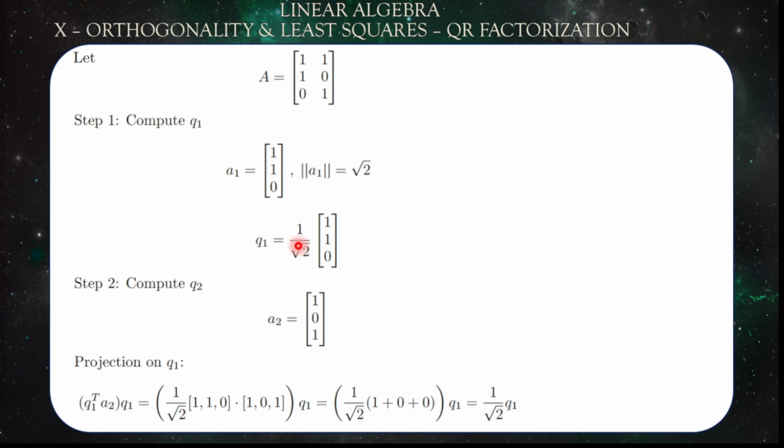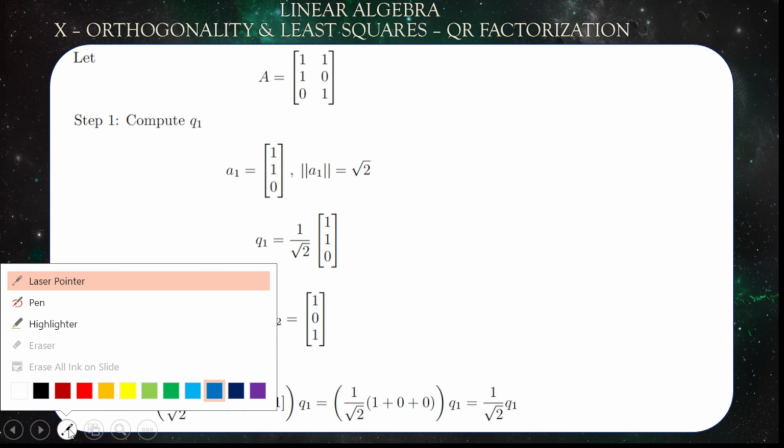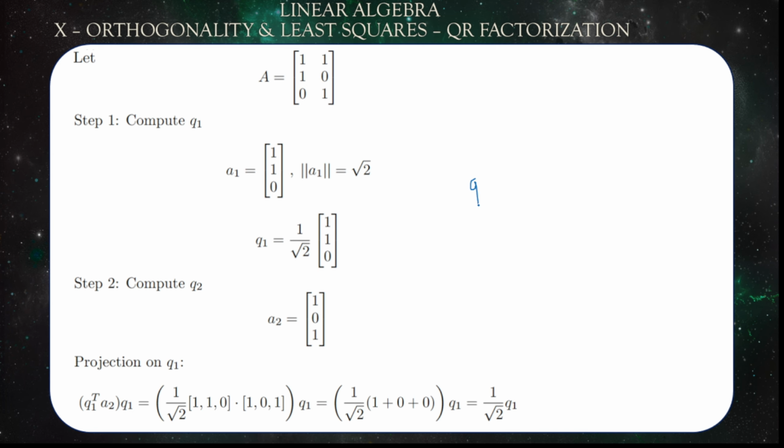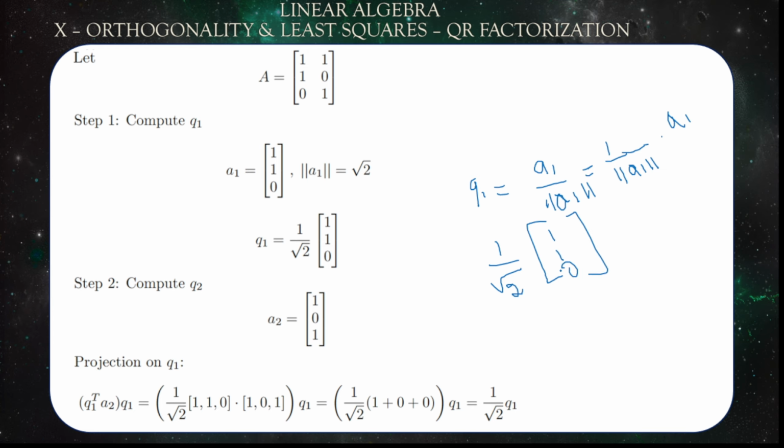Q1 is A1 divided by the size of A1, so this gives us 1 divided by the square root of 2 multiplied by 1, 1, 0.